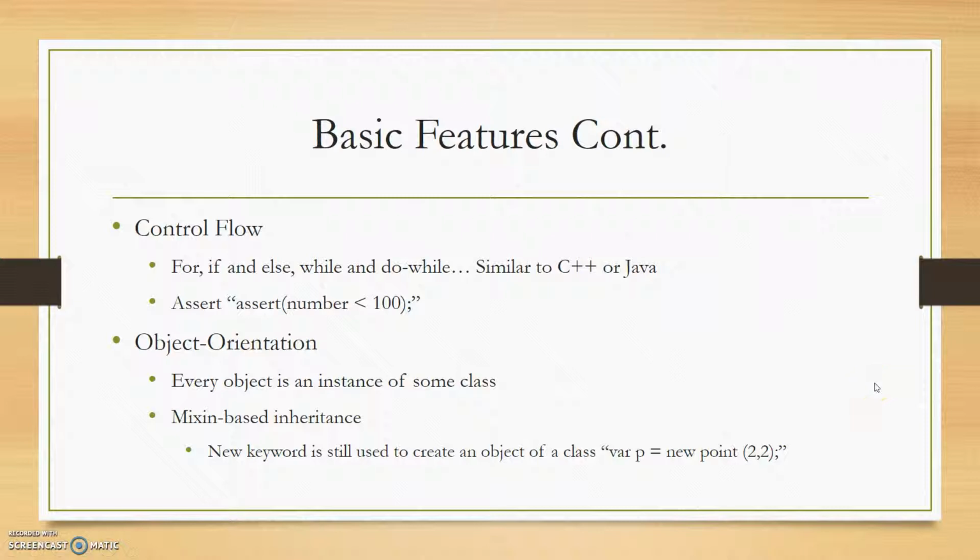What makes it unique to Java is it has a mixin-based inheritance, which in a nutshell means that every class has exactly one superclass, but a class body can be used in multiple class hierarchies. One thing to note too is when you're creating an object, you do it very similar to the way you would in another language, where you use the new keyword, just like in the example here in the slide.